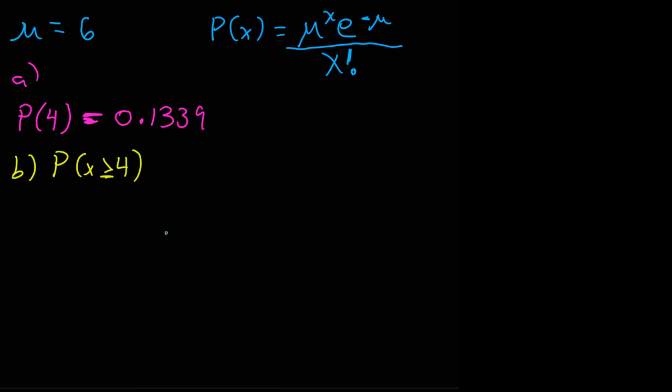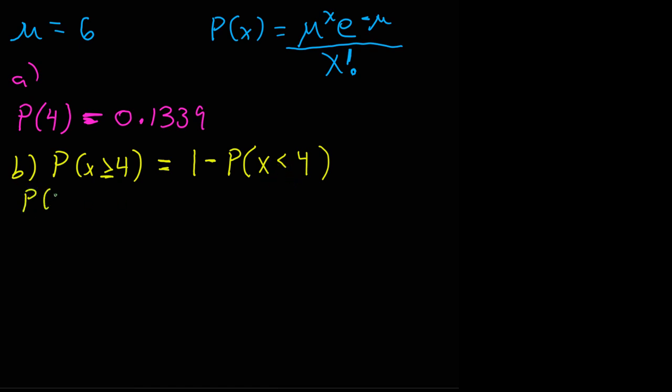At some point, the numbers get small enough that I stop adding. But what helps for us is we can look at this being 1 minus the probability of x less than 4. This is the complement of this space. And so we can add everything up to and not including 4.